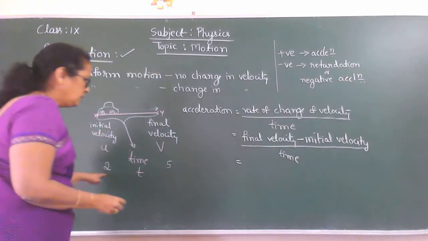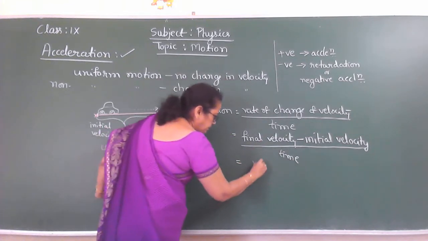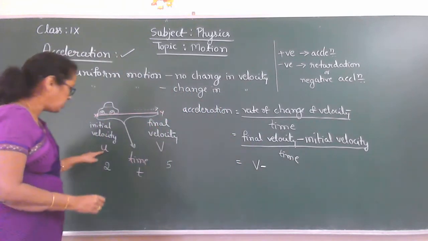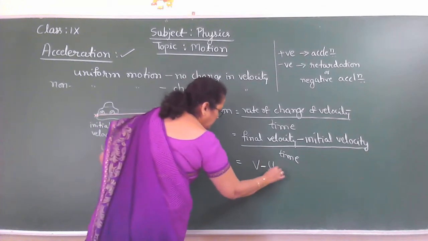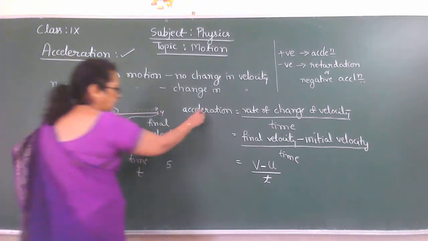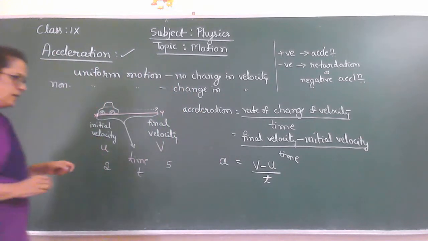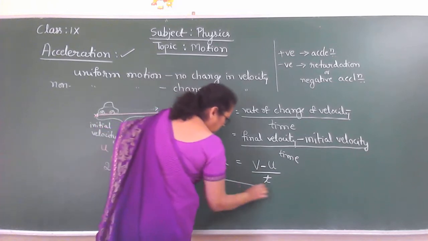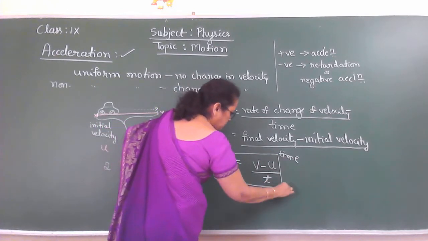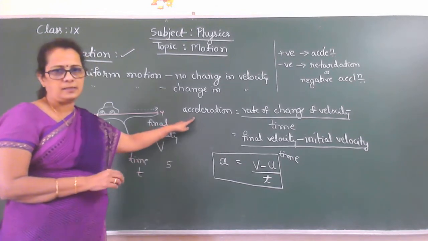Okay, now write this formula. Final velocity v minus initial velocity u divided by time. As you know, acceleration is denoted by a. Therefore, a equals v minus u by t is the formula to find the acceleration.